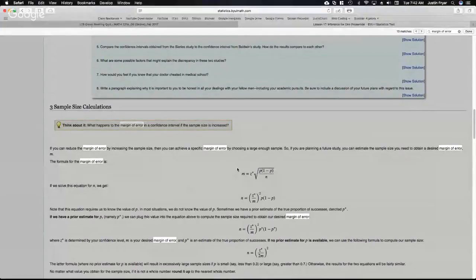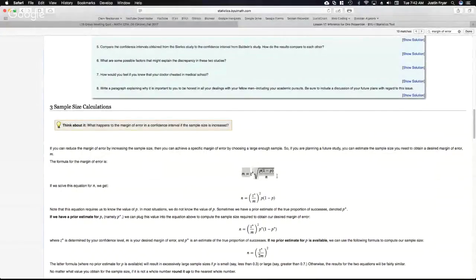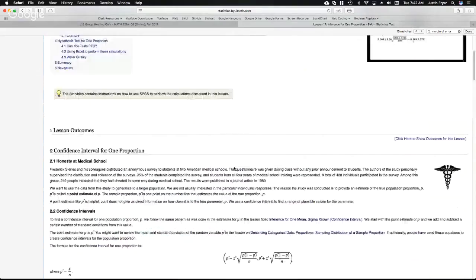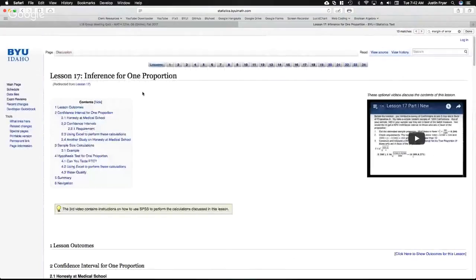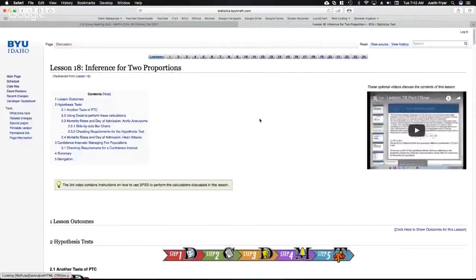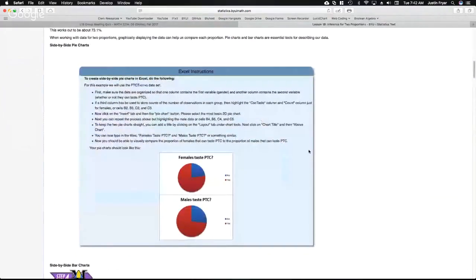Okay, so you see the margin of error formula here. Mm-hmm. But what n are we referring to? So we need margin of error for two proportions. This is for one. We need it for two. Okay, yeah, good point.